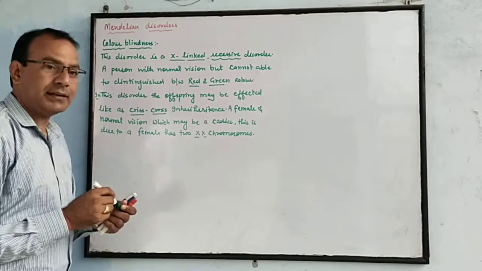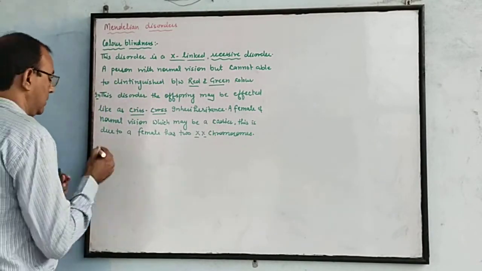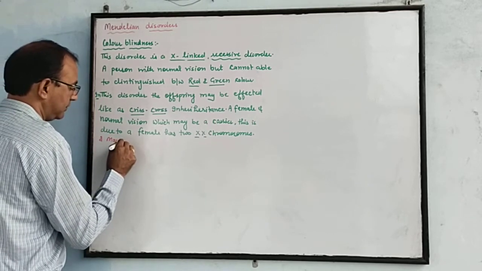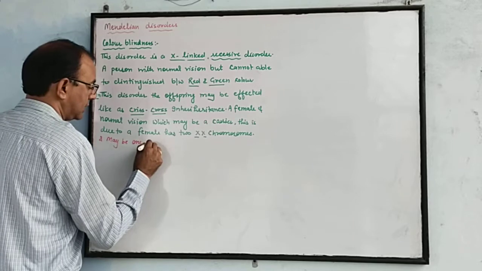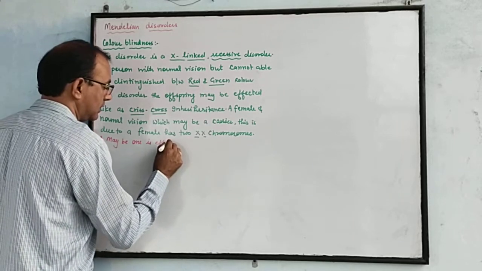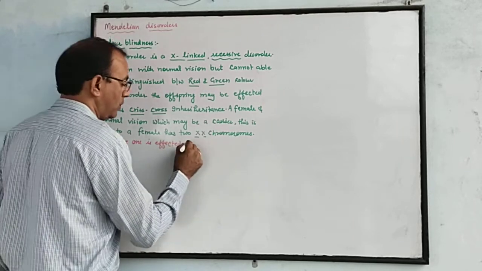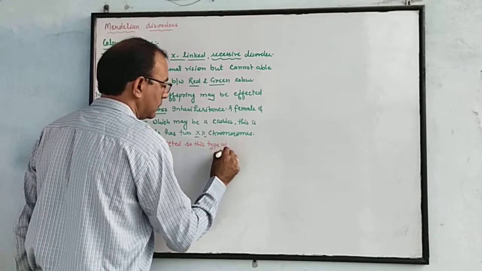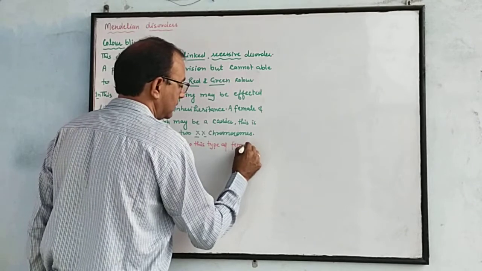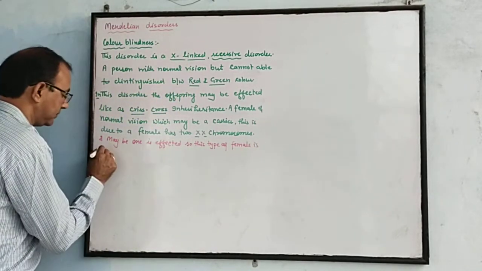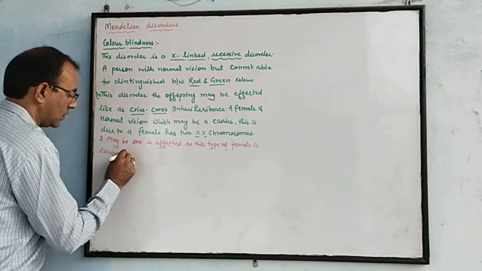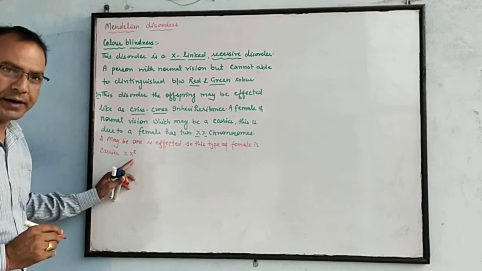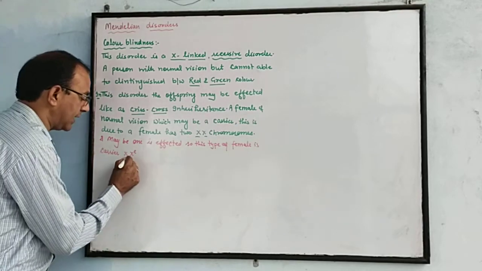Maybe one X is affected. So this type of female is a carrier. X X^C, where C stands for suffering from color blindness. This type of female is a carrier.